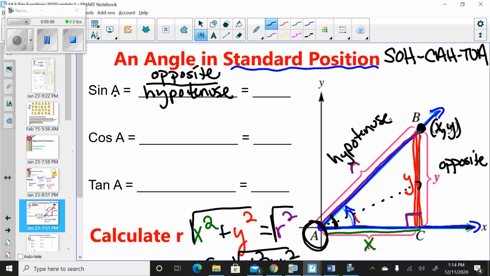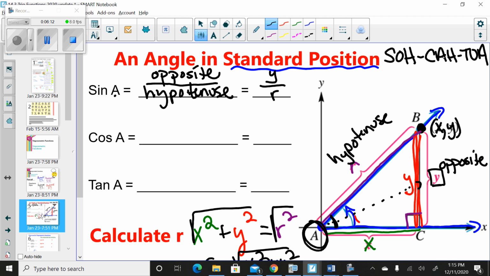We can label it with the words opposite and hypotenuse, but I can also label it with what they're equal to. The opposite side is this Y, and then R. So usually when we talk about sine, we talk about opposite over hypotenuse, but we're also talking about Y over R. It's that height of the triangle over the hypotenuse, or that R value.